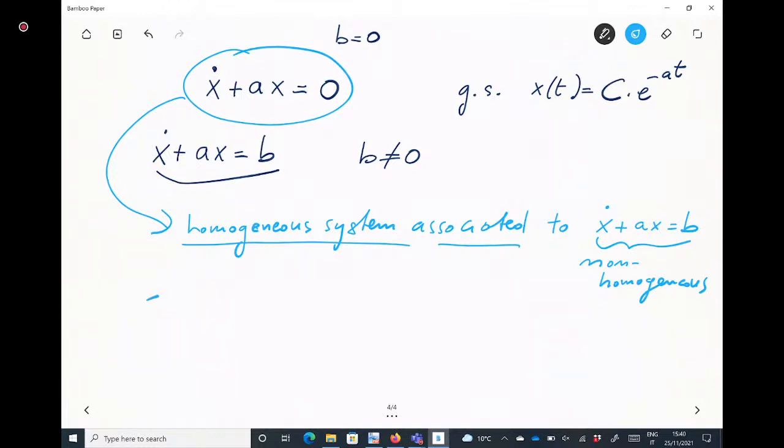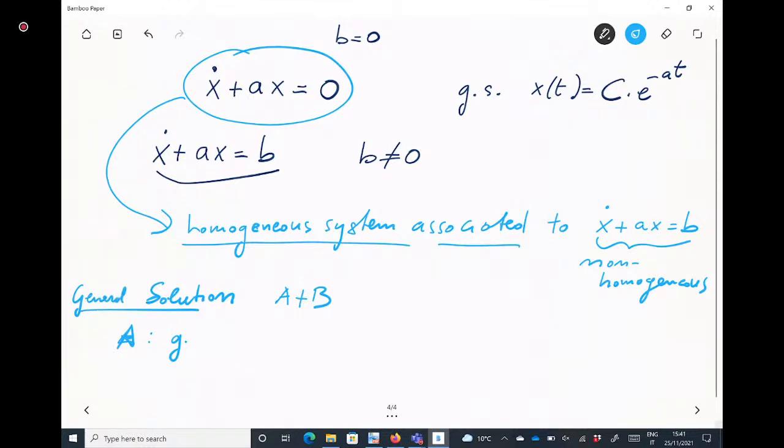The solution is made up of two parts, A plus B, where A is the general solution. So we want to find the general solution to this linear system.